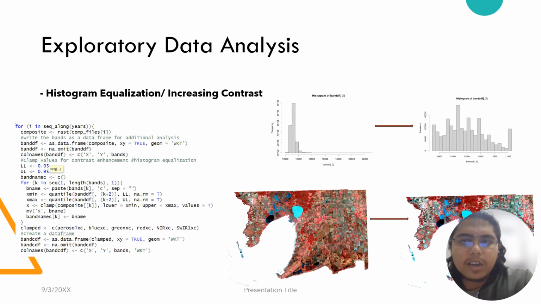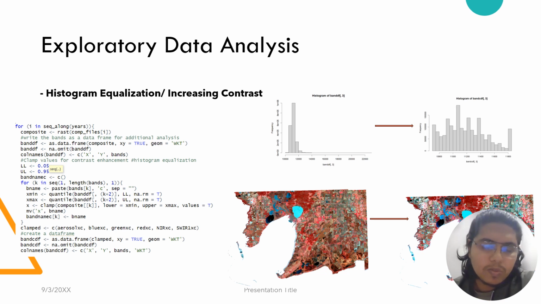After that, we did some exploratory data analysis that included histogram equalization, which is also known as increasing the contrast. Here we can see two histograms, one with a long spread and another which is compressed.